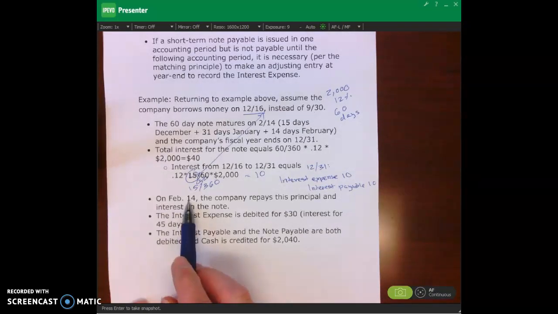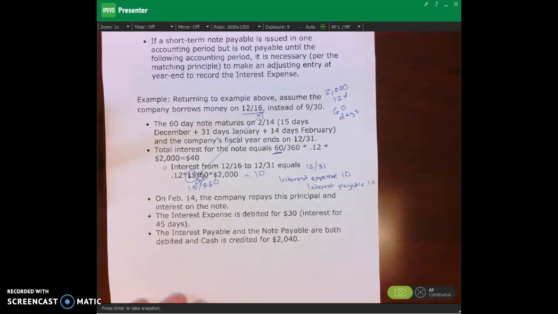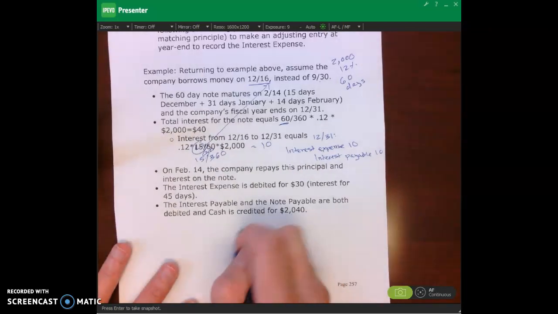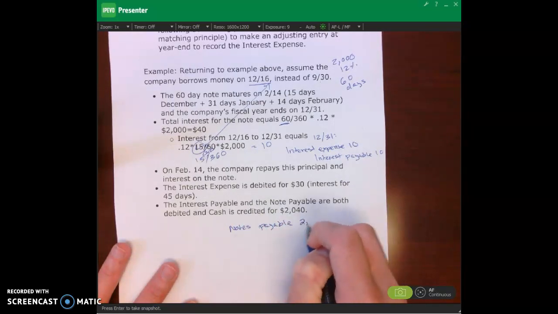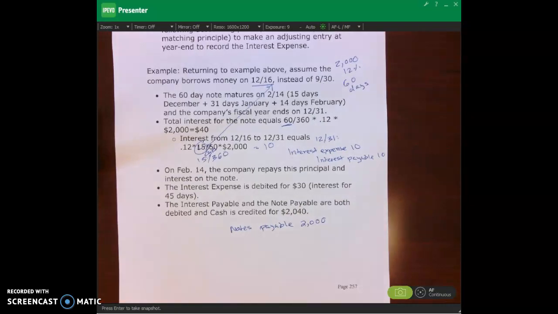So on February 14th, which is 60 days later, right, we have to pay the note payable, okay? So we're going to debit notes payable for our $2,000, which was our principal. Remember that?